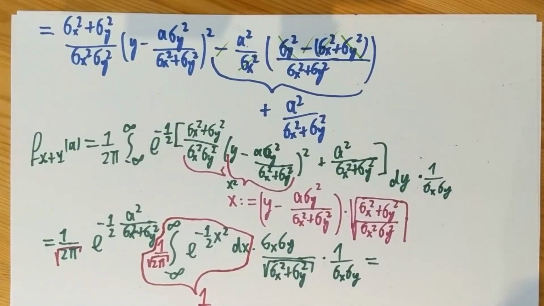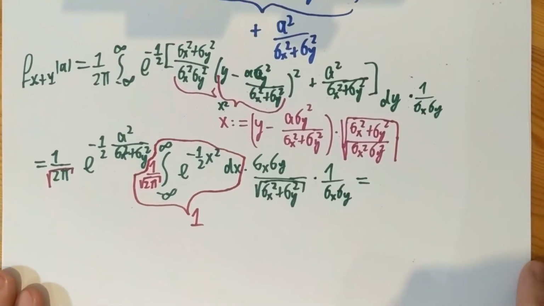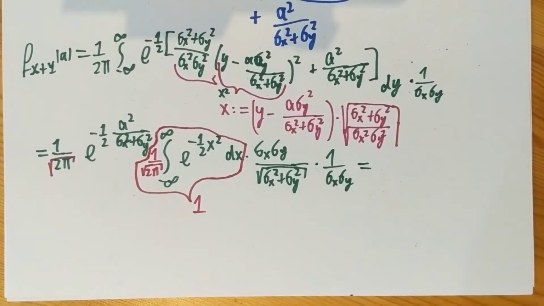E to the minus x squared over 2, 1 over root 2 pi, that is 1. And so that's just disappearing from the whole picture.